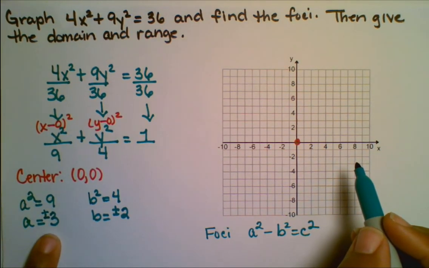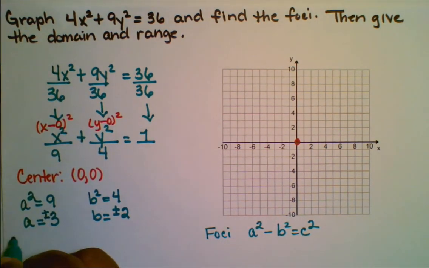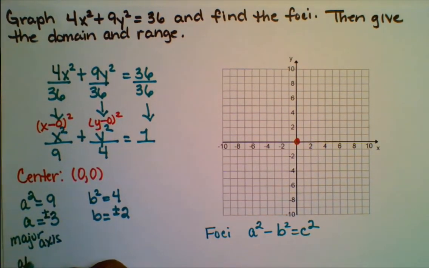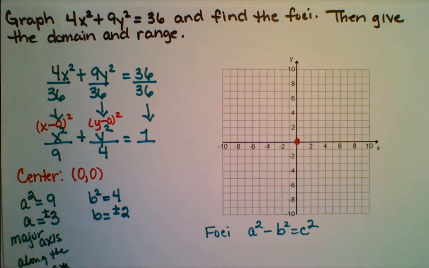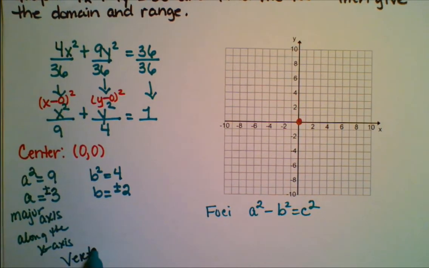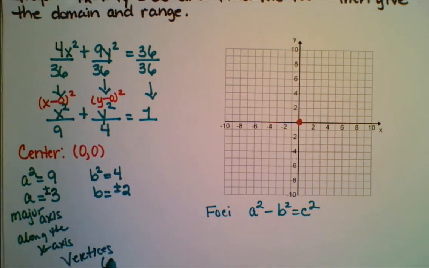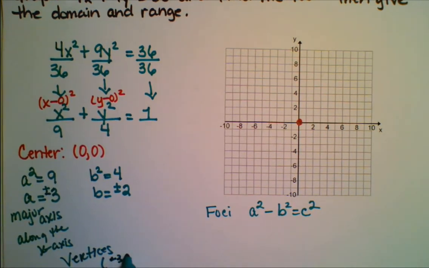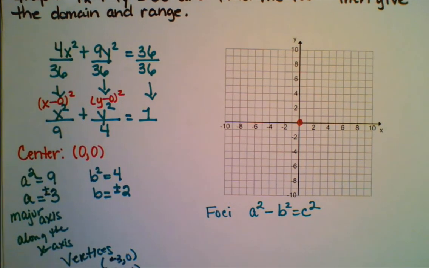And because 3 is the highest number, this will be our major axis along the x-axis. So our vertices are negative 3, 0 and positive 3, 0.